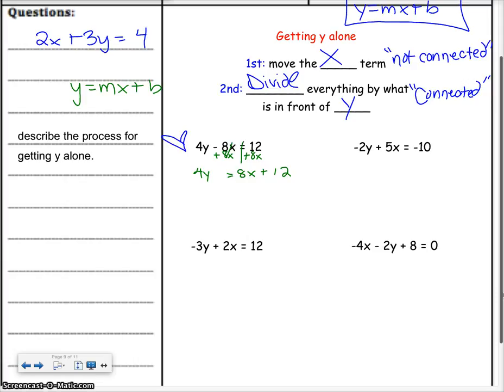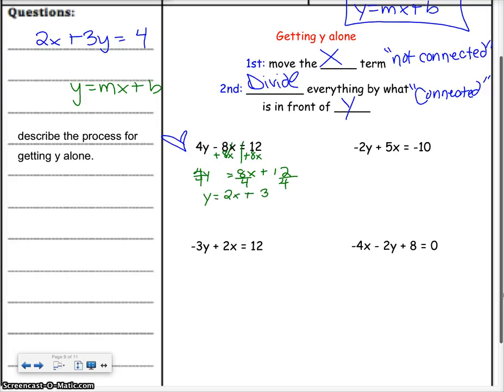Slope-intercept has the x term right after the equal sign. You just slide it right in front. And then I divide everything by what's in front of y. Divide by 4, divide by 4, divide by 4. And I get y equals 2x plus 3 after I simplify.